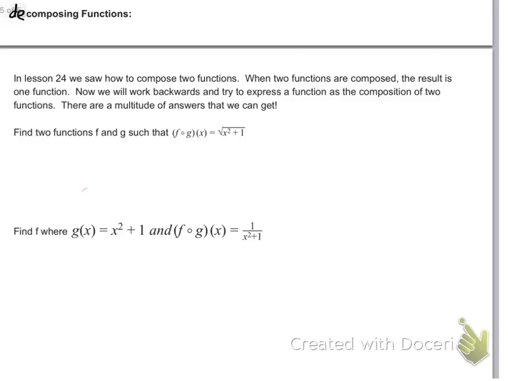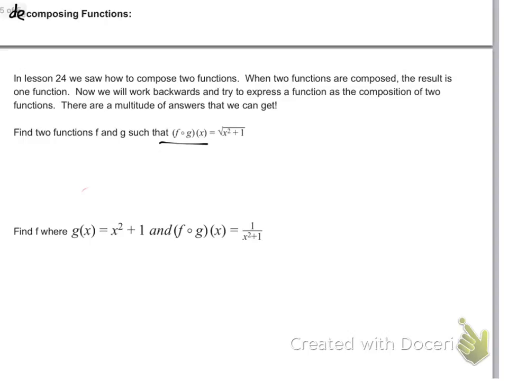Now remember when we did composition, they were both equations most of the time based off of x, right? f of x, g of x. And so what we did was we took out an x and placed in the value of g of x. Notice the notation of f composite g, the little open circle, f composite g of x.